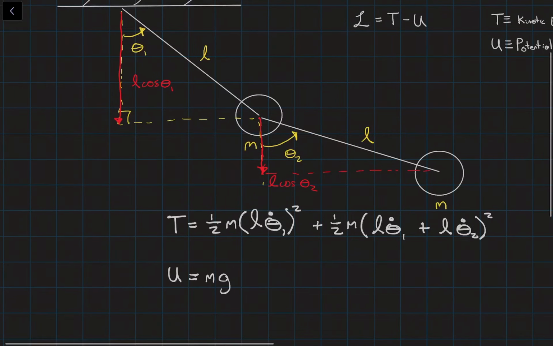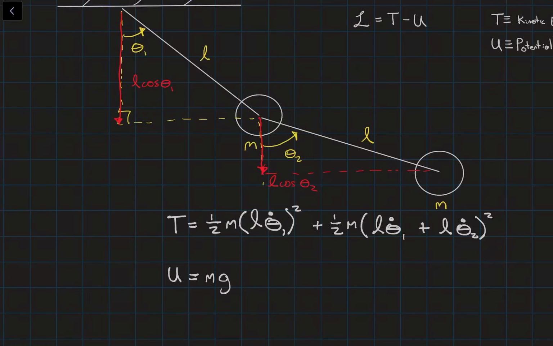So the way that I go about thinking about this is, if my generalized coordinate gets larger, am I going to a higher potential energy or a lower potential energy? If my potential energy gets larger as my coordinate gets larger, then it's a positive sign, right? If it's the other way around, then you need a negative sign.